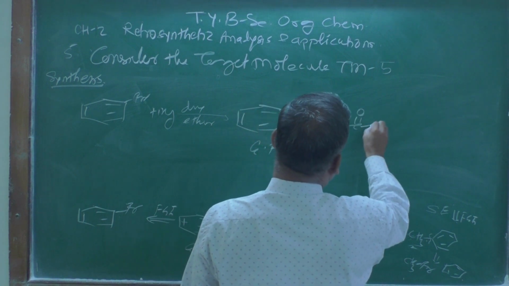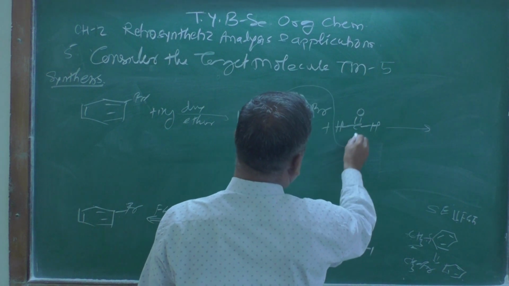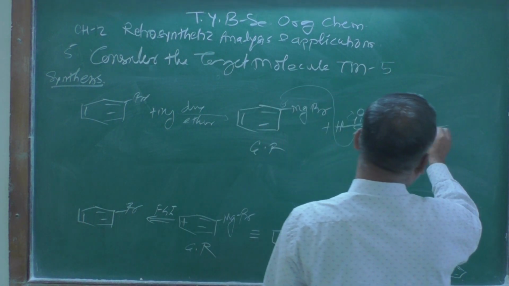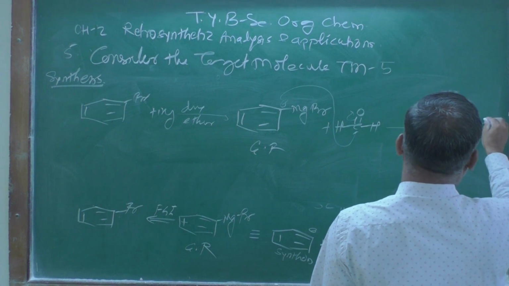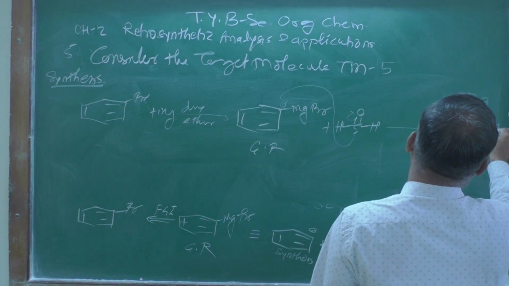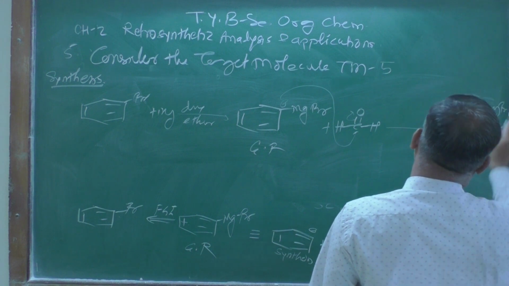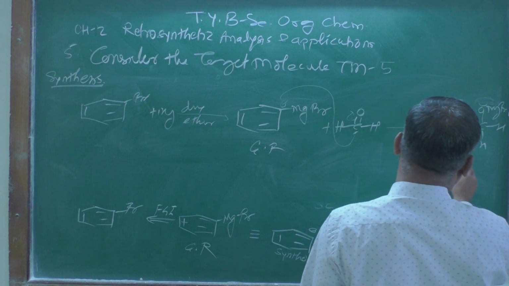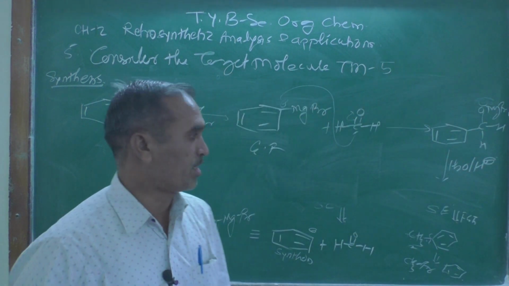HC double bond O, formaldehyde. I am going to get over here, this negative is going to attack over there. I am going to get here the compound like this, C, then O minus, H, H, and here you can write MgBr like this, and then you can do the hydrolysis, H2O in presence of H plus.